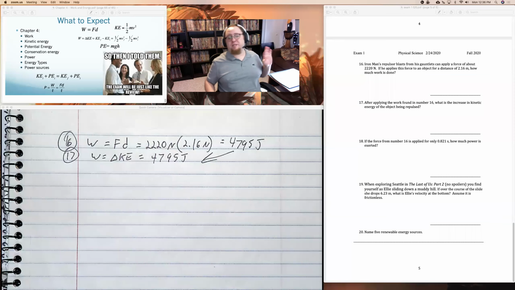Now, this brings me to a side tangent. The answer to 17 is the same as the answer to 16. But let's say you messed up number 16 and got the wrong answer, or you just have no idea how to do it. But you know that work is change in kinetic energy, and so you know the answer to 17 is whatever the answer to 16 was. You can still get full credit for 17.